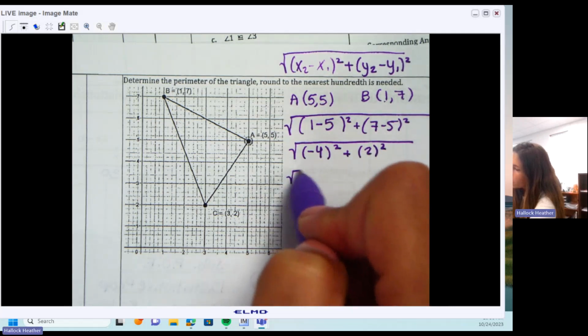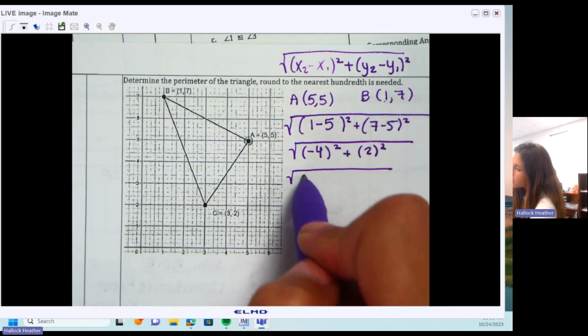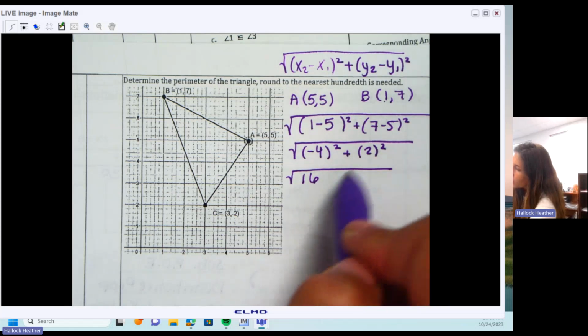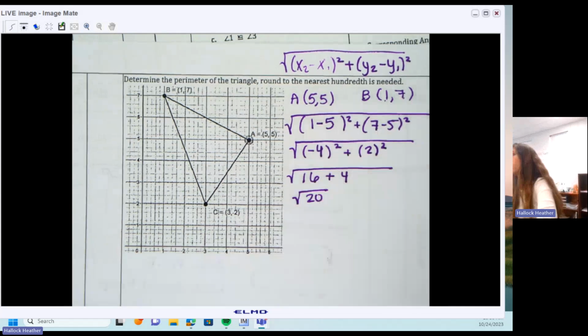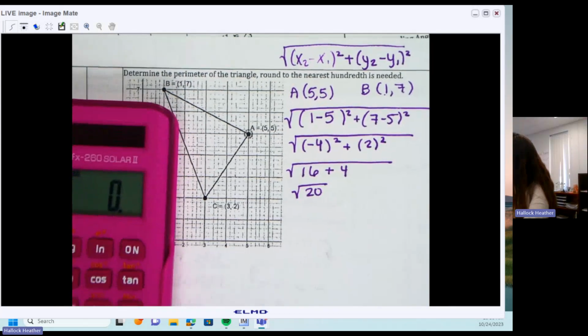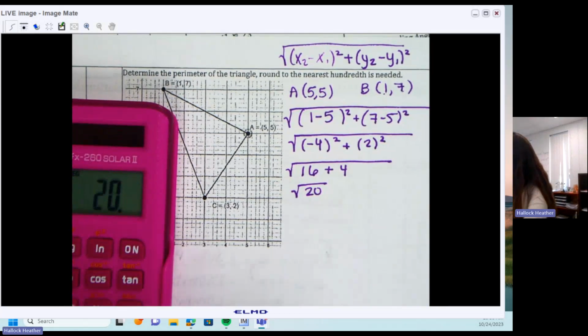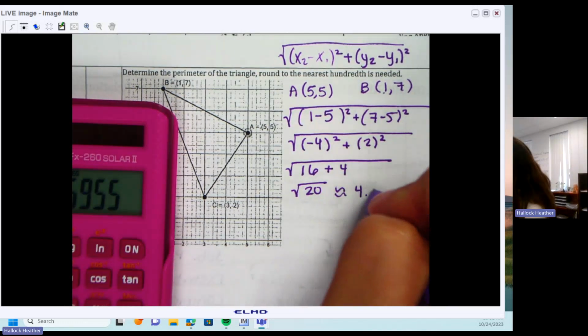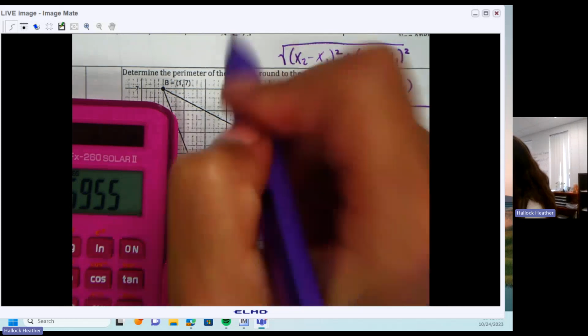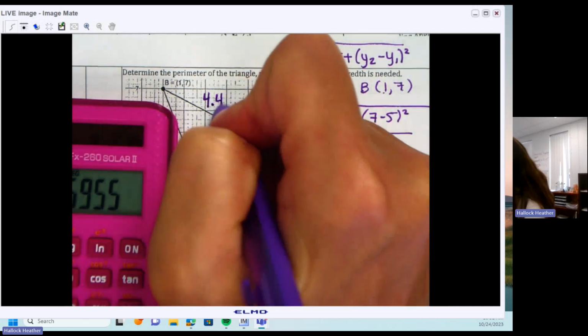If I square them, -4 squared is positive 16, and 2 squared is 4. I'm taking the square root of 20 and rounding to the nearest hundredth. On my calculator, you take 20, shift square root, and you get around 4.47. So this length is 4.47.